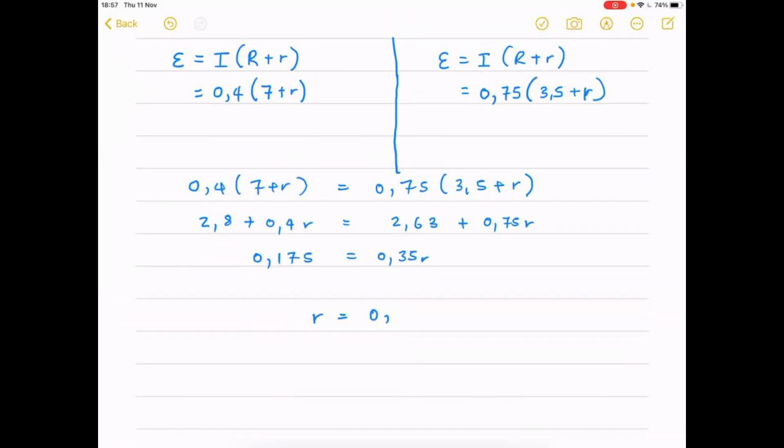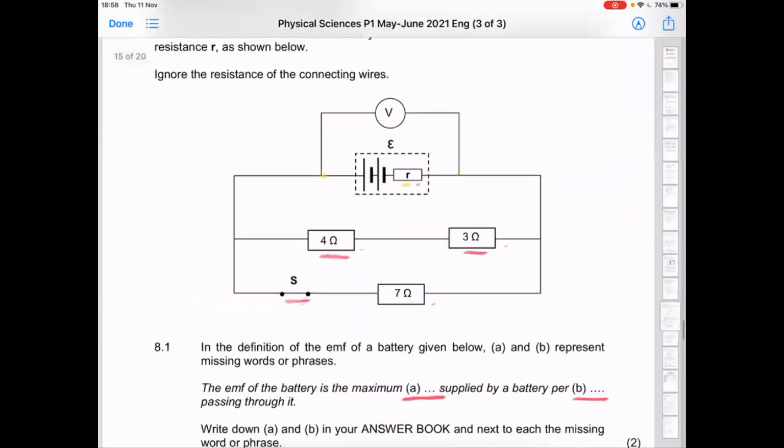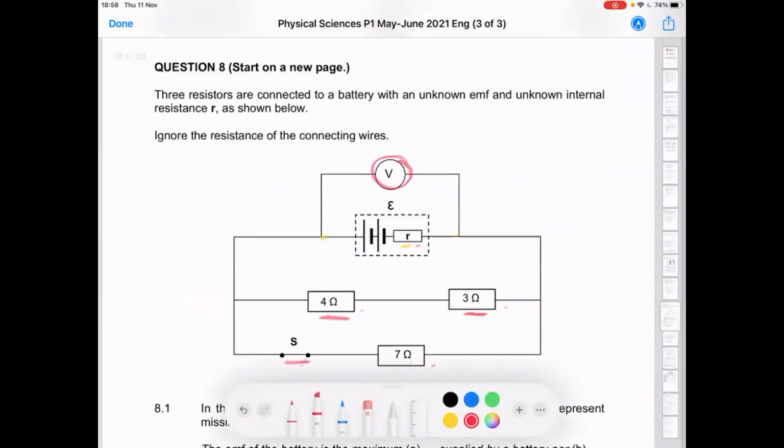Someone is asking if the EMF is not 2.8. No. Okay, let me answer that important question. This is what the voltmeter is reading. The 2.8 volts is what we're getting up here. When the switch is open or closed, that's the voltmeter reading there.